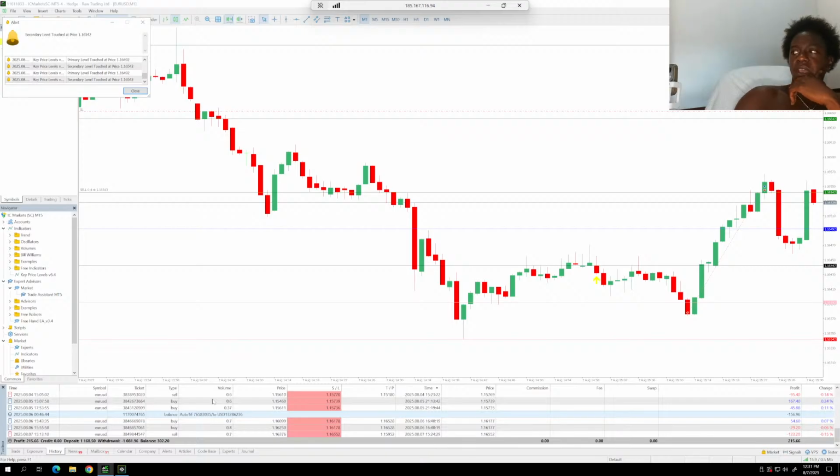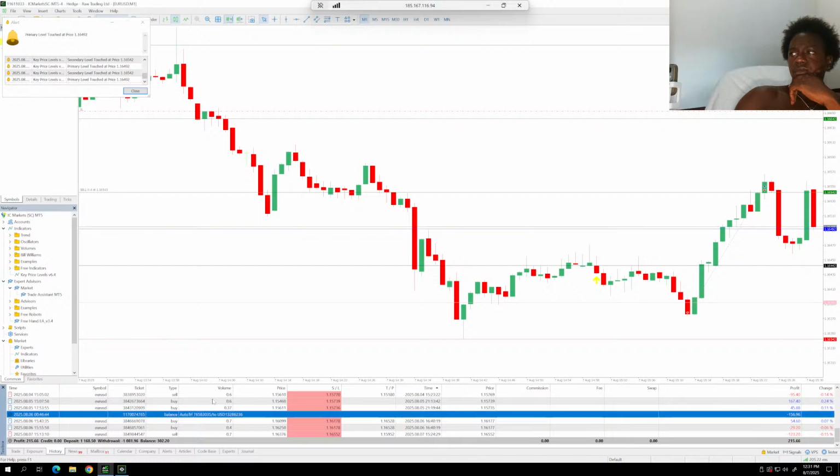I'm still not convinced that it's gonna move any lower. Still not convinced. All right, we retested that level. I guess I'm still not convinced though.